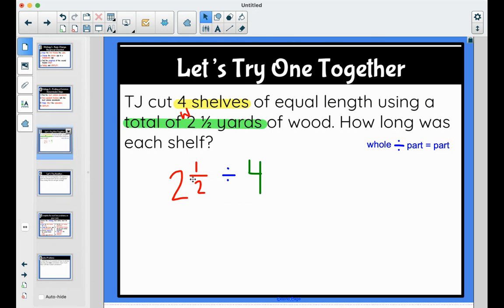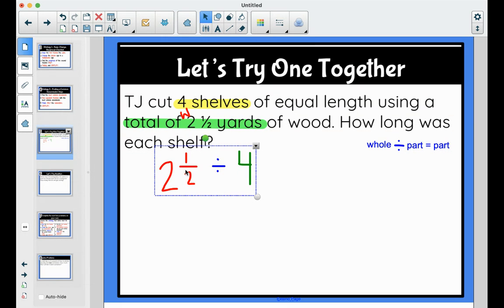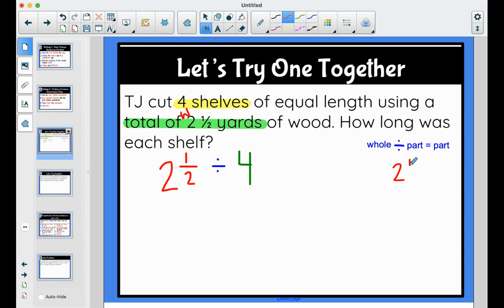So now that we have determined our division sentence, we can go ahead and start using our strategies. So I realize that the 2.5 is a mixed number, so I'm going to quickly turn that into an improper fraction. 2 times 2 gives me 4, plus 1 is 5. So this gives me 5/2.